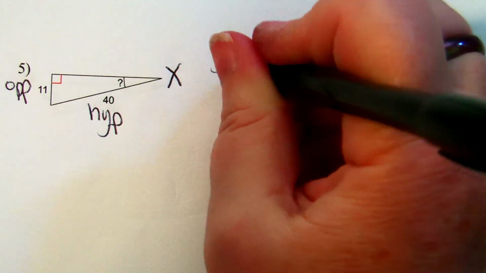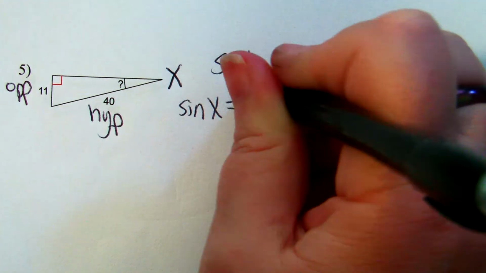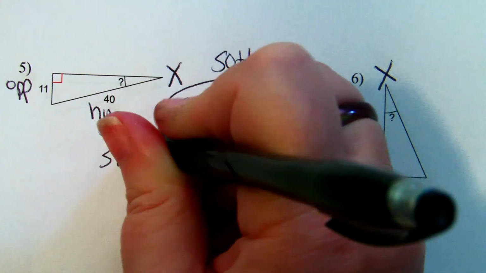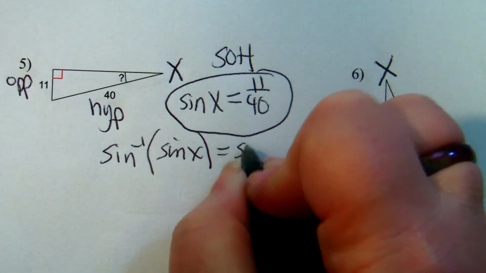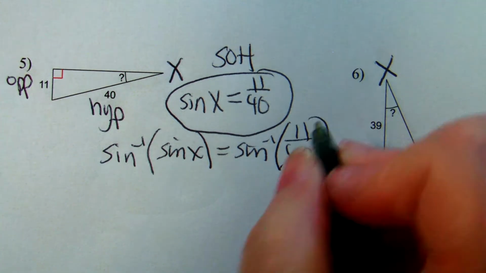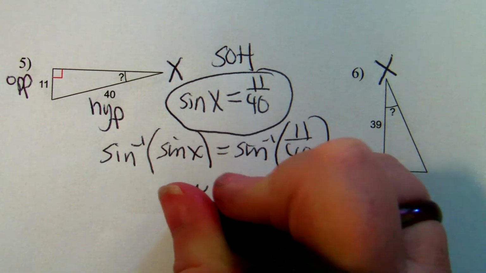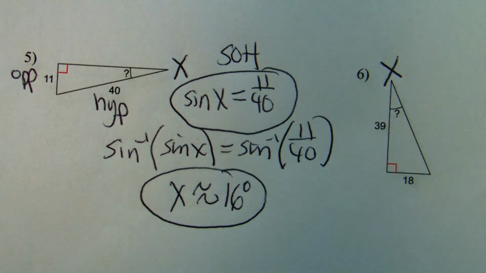So you should have used sine. Then you do it on your calculator. Second sine, sine inverse, 11 over 40. And what do we round up to? 16 degrees.